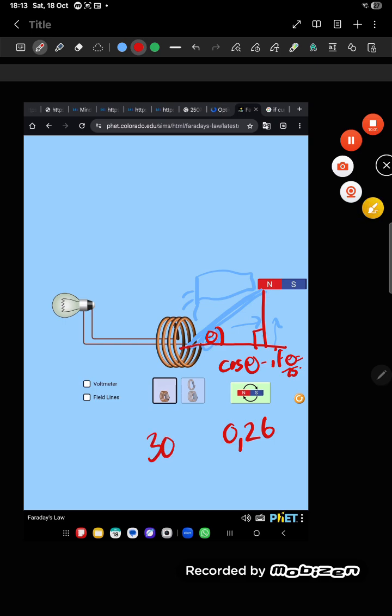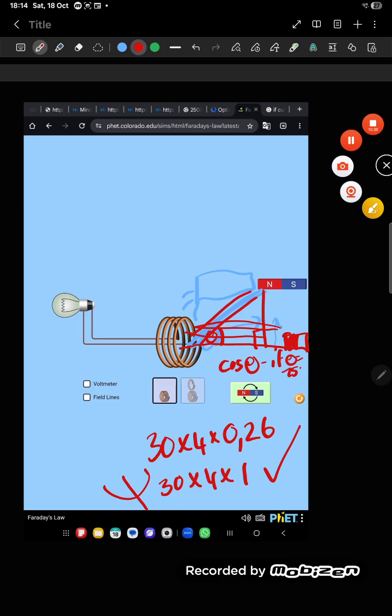So if I've got 30 times 4 times 0.26, or if I got 30 times 4 times 1, if the magnet was here, which is bigger? This one. Therefore, my magnetic flux phi would be bigger, would be stronger. And that makes sense because more lines can go through here than it can through at this weird angle. Maybe 1 or 2 only go through there.